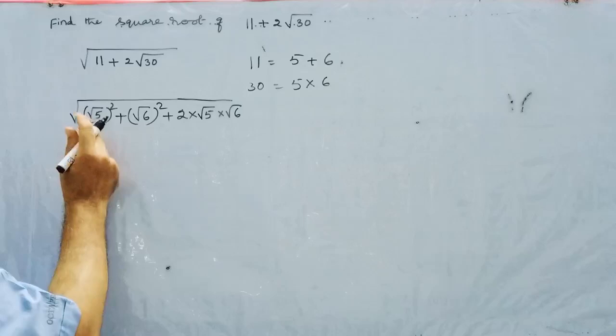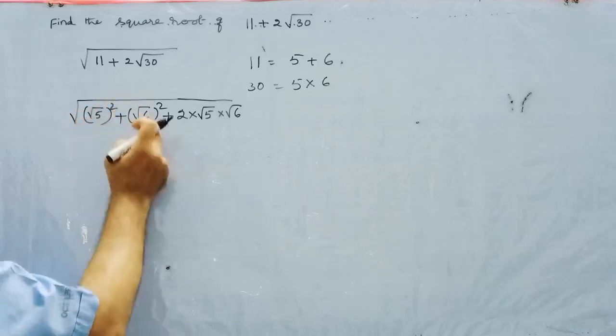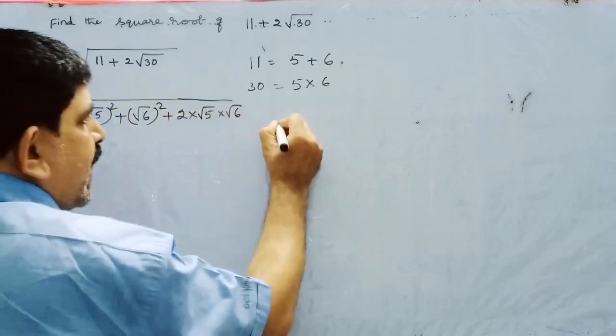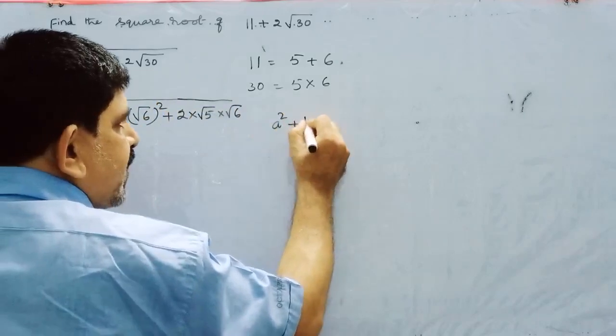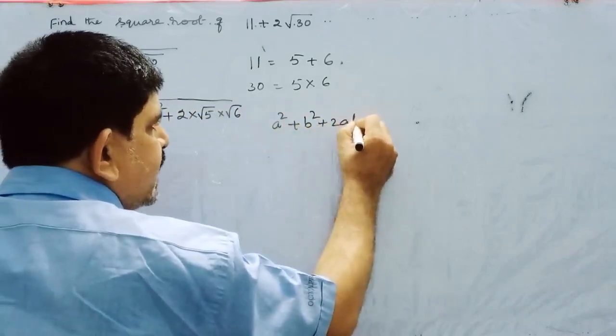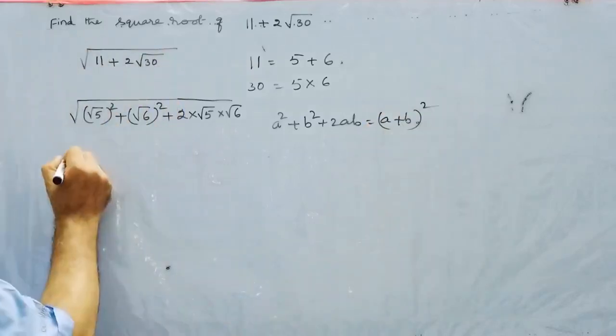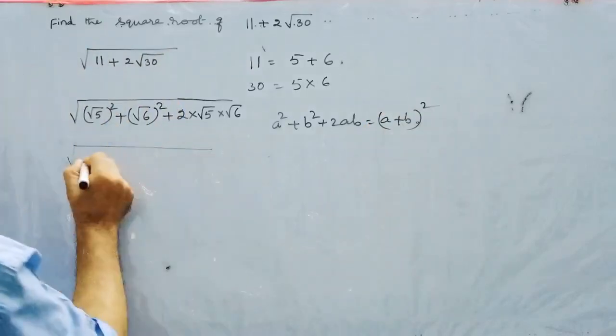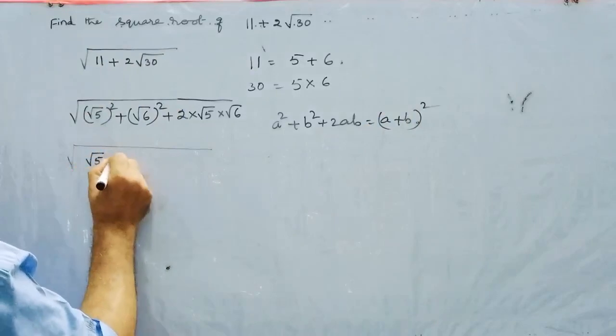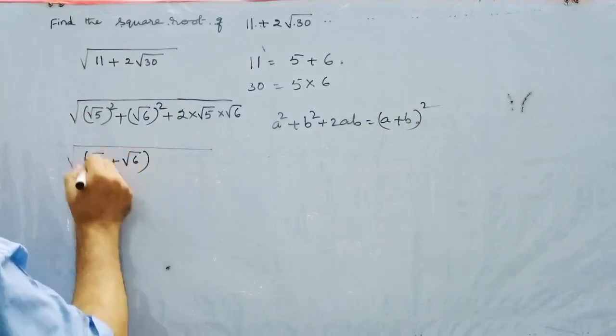Now this is in the form of a square plus b square plus 2ab. A square plus b square plus 2ab is equal to (a plus b) whole square. Now this can be written as (root 5 plus root 6) whole square.